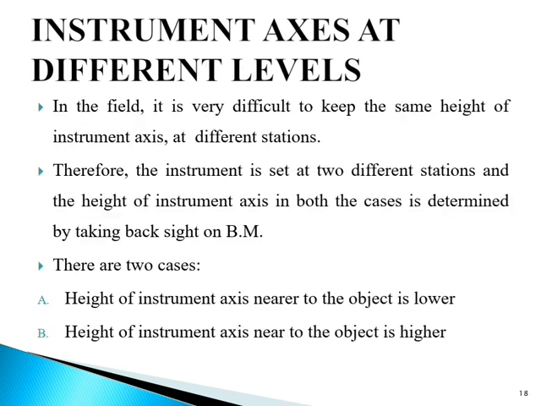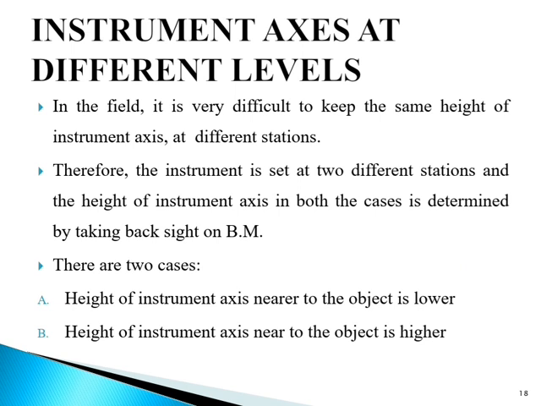Next, instrument axis at different levels. In the field, it is very difficult to keep the same height of the instrument axis at different stations. In the previous case, we were not getting the value of D by directly measuring the distance D, so we chose different stations, and then the distance is obtained by some procedure.